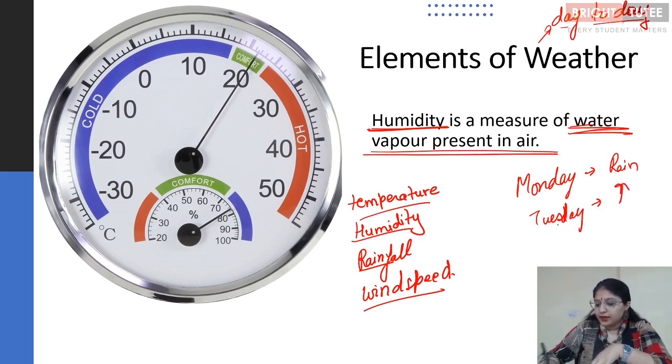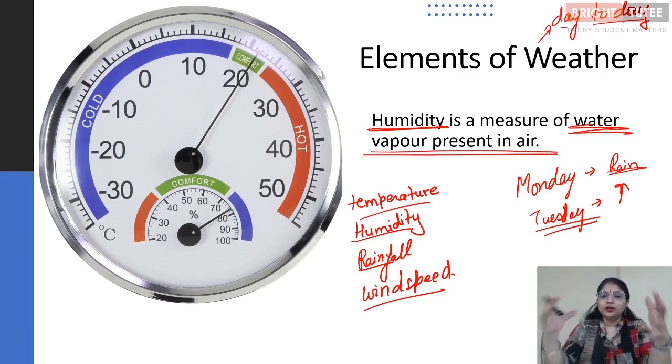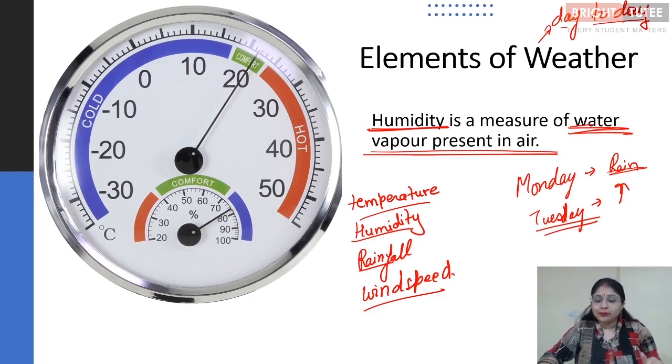What will happen? On Tuesday you will find that the percentage of humidity will be more, because of the rain, the water vapor will be formed, and humidity increases, and it causes moisture. You will feel a little moisture on your skin as well, and it is not a very comfortable condition, right? So this is humidity. It's one of the major elements of the weather.